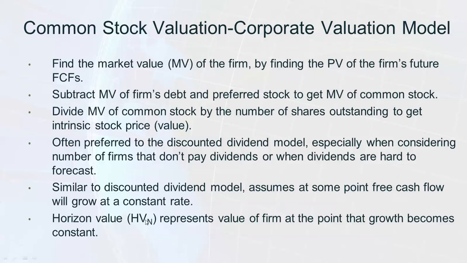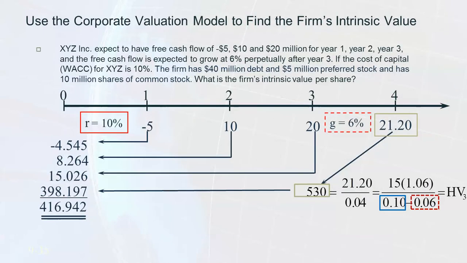We call that the horizon value. In the dividend discount model we call it the price at time n. So let's look at this example. In this case I have given you just the amounts. Sometimes you could be given just the first free cash flow, and then the second, third and fourth you have to find yourself, like dividend 1, dividend 2, dividend 3.